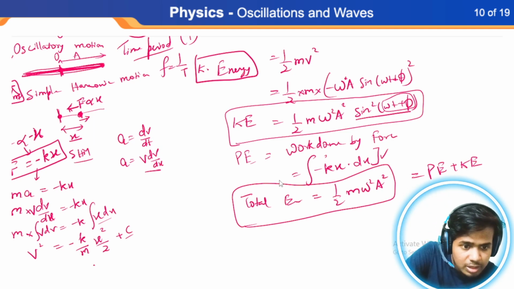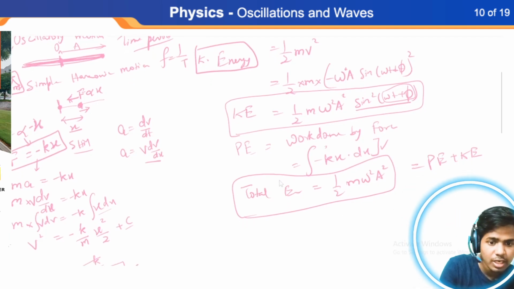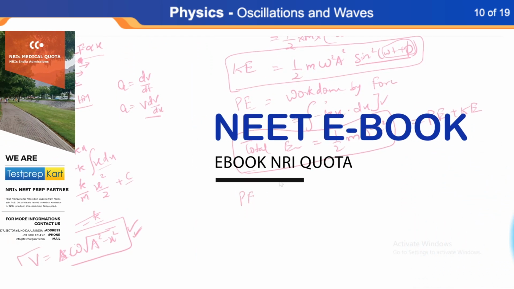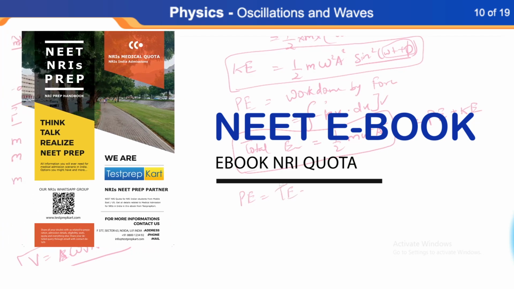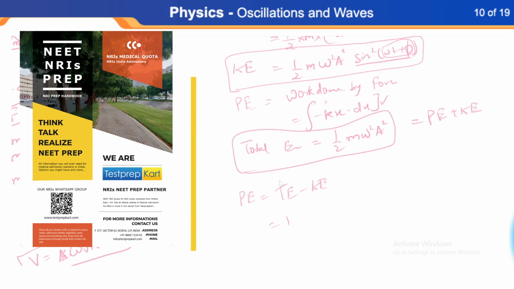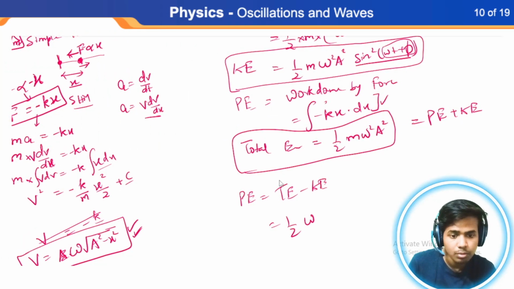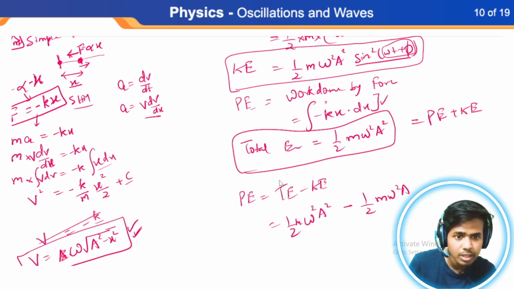So what you do here is potential energy, right? What we want to find out is potential energy, so that is total energy minus kinetic energy. What is total energy here? Half into m omega square a square minus half into m omega square a square sine square omega t plus phi.